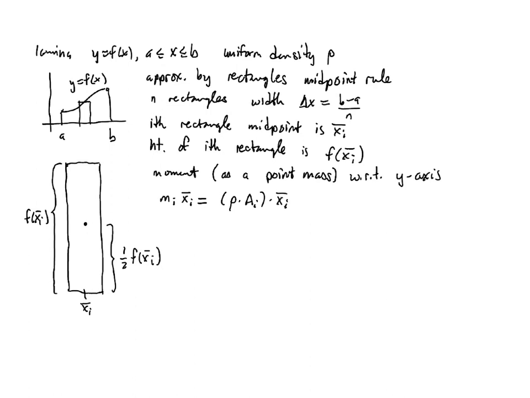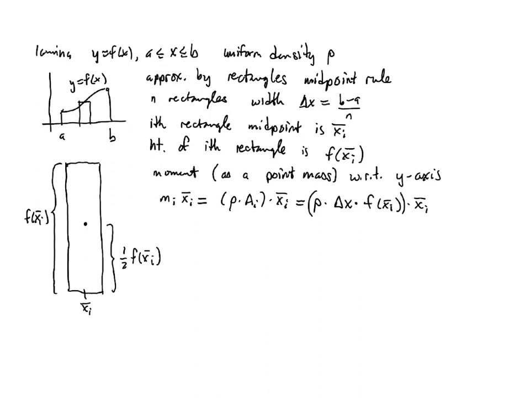And the area of the rectangle is very easy to compute. It is the width of the rectangle times the height of the rectangle. So we end up with mi xi is rho times delta x, that's the width, times the height, which is f of xi bar, times then that x-coordinate xi bar.